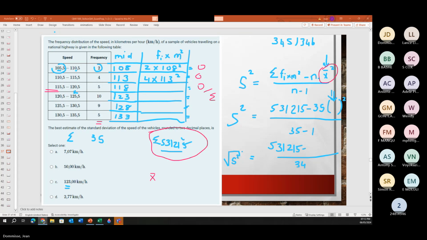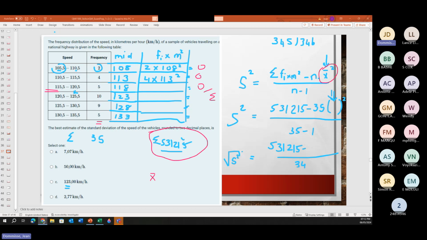Let's quickly check if there is. If anybody else has a way to work out the mean of a frequency table, I haven't seen one.